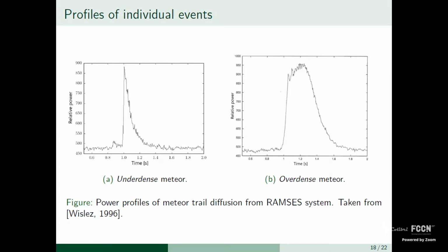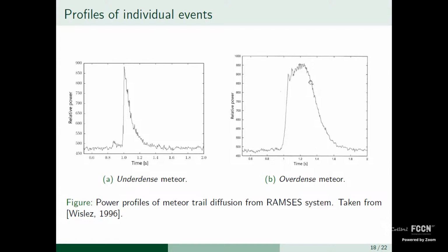But on the other hand, you can have an overdense meteor, which is above critical density, and as long as the plasma of this meteor has a value that exceeds this critical density, it's going to be pretty constant until the cone is spread out enough that the critical density is decreasing again. So the exponential decay will happen as it happened in the first picture.